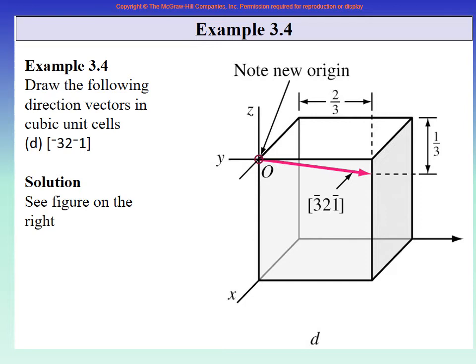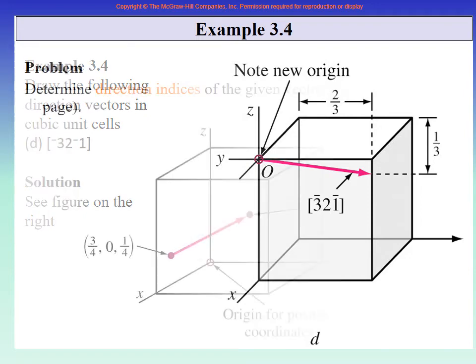The rules are the same: if any of the numbers are more than 1, then divide all the numbers so that the largest one becomes 1. And if there are any negative numbers, then it means that you move the origin. With these two techniques, you can finalize all of them.